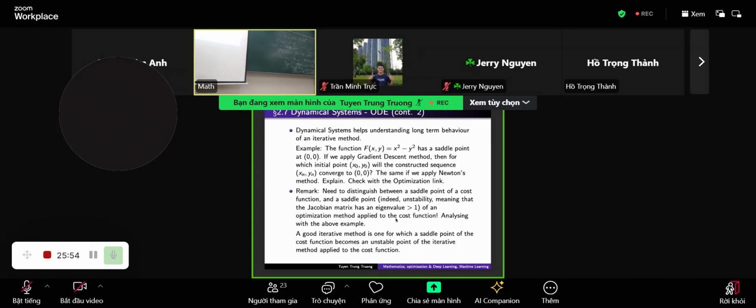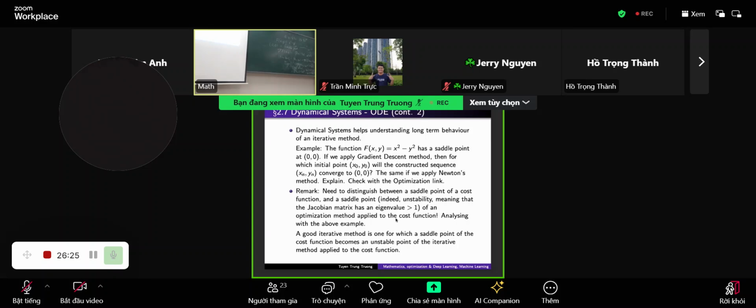And then one remark is that even though in general people might talk about a saddle point of a function, like f(x,y) = x squared minus y squared, the correct terminology is an unstable point of an optimization method applied to this function. So you should be aware that there's some difference.